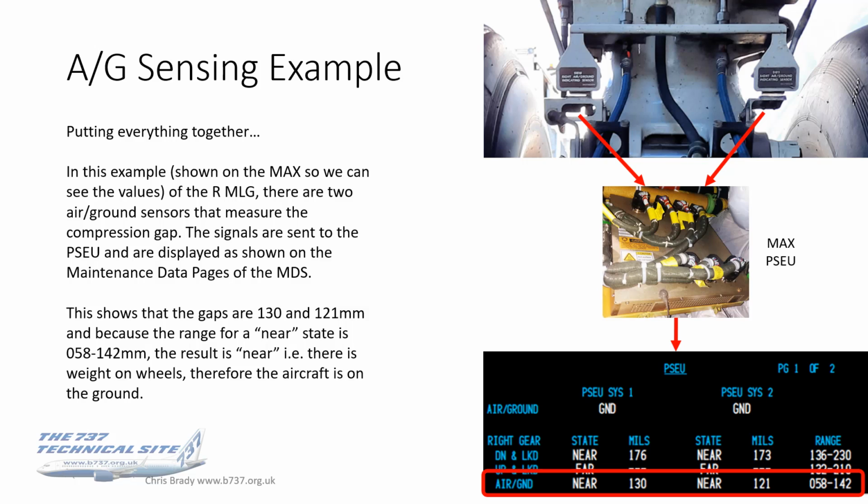And because the range, which is shown in the right hand column there, for a near state is between 0.58 and 152 mil, the result is near. That means that there's weight on wheels, therefore the aircraft is on the ground. So that's kind of how it works. Hopefully that's tying together and bringing in sensors right the way through to whether the aircraft's on the ground or not.